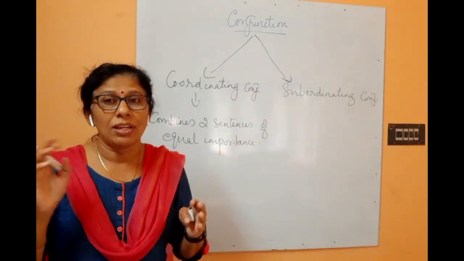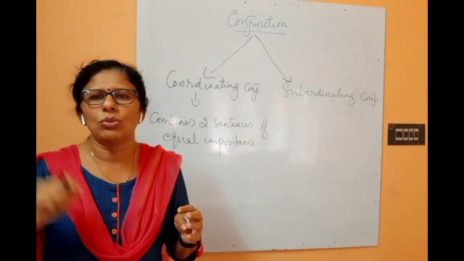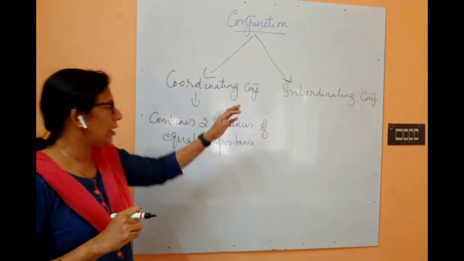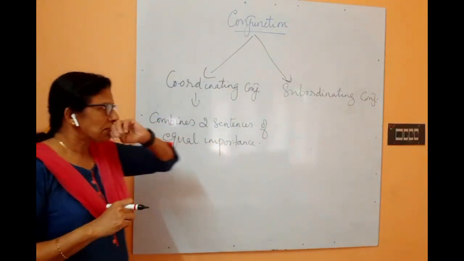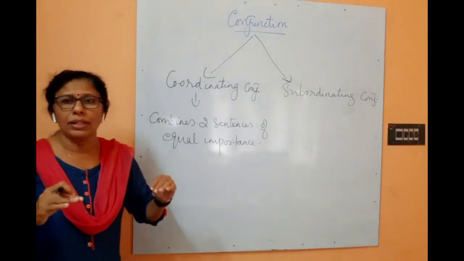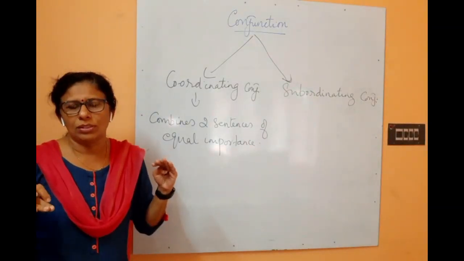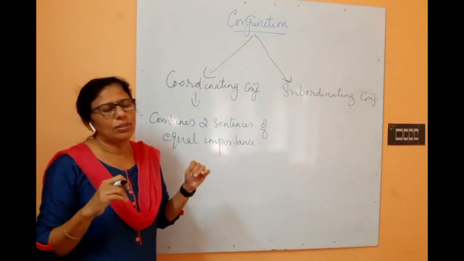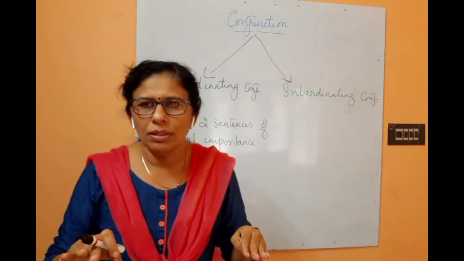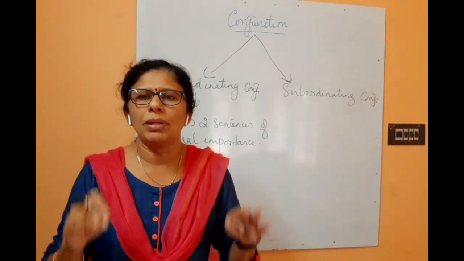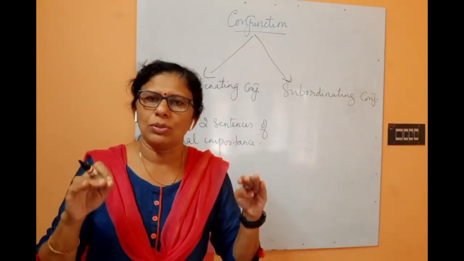In clauses, we just had a clue of those things. When I give the example, you will understand. Coordinating conjunction mainly joins two sentences of equal importance. We can say that two independent clauses or two main clauses will be combined with the help of coordinating conjunction.